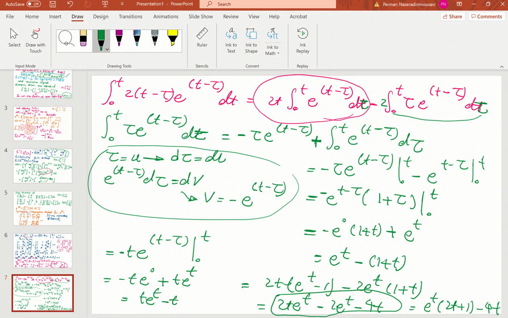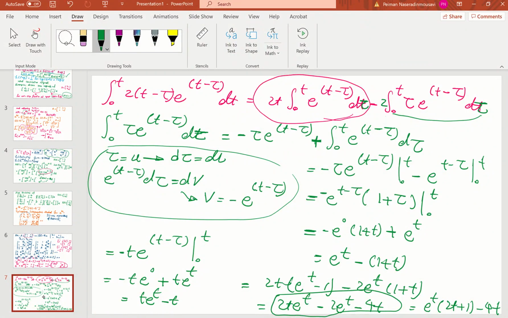And now minus t, integration of this, minus t e^(t minus tau) from 0 to t, so e^t minus t.